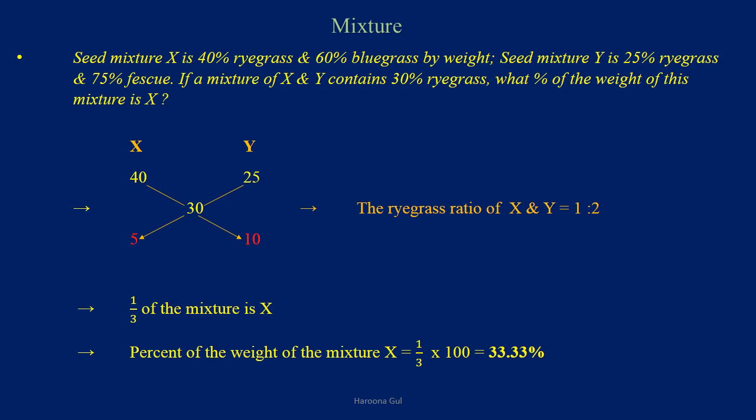So X is 1 by 3 of the mixture. And in order to find out the percent of the weight of the mixture, we're simply going to multiply 1 by 3 with 100 to get 33.33%, which is the percentage of the weight of X, right?